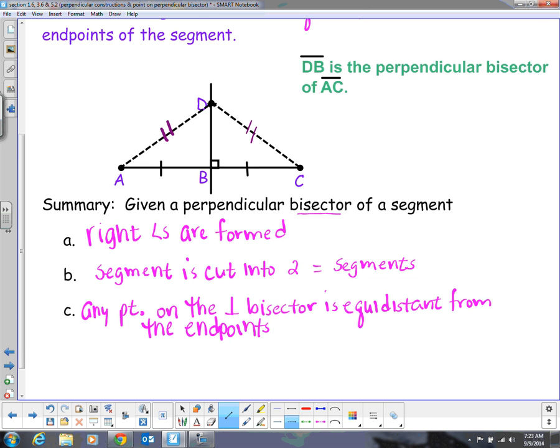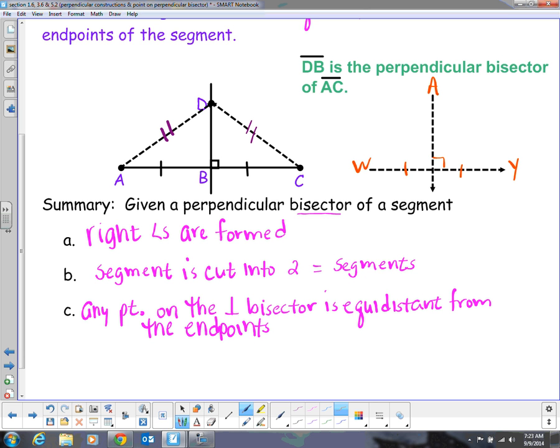Now, just because the segments are not drawn, sorry about that, those are supposed to be solid segments. If I tell you that this is a perpendicular bisector, and I tell you that this is W, and this is A, and this is Y, I could ask you what is the relationship with segment WA and YA.